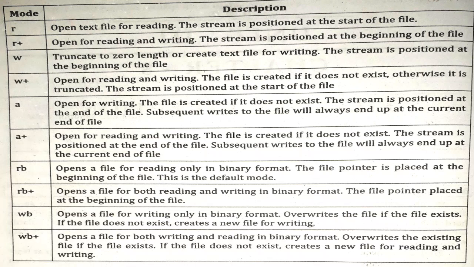And next we have RB plus. Plus means again the file will open in binary format, but it is used for both purposes, that is for reading also and for writing also. Then we have WB. Again W stands for writing. So if you want to write any content inside a file which is in binary format, then we can make use of this mode.